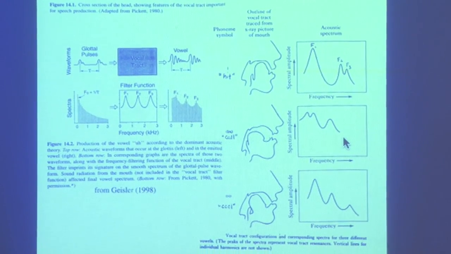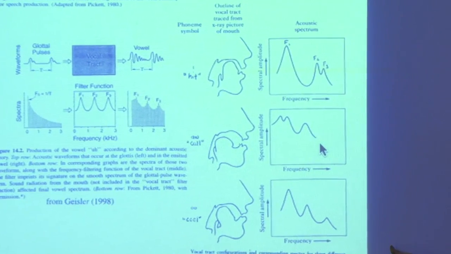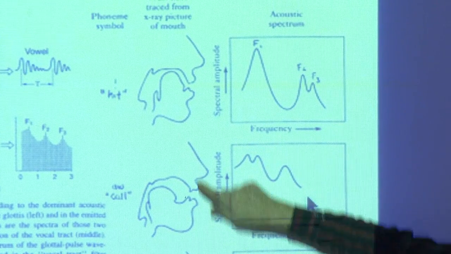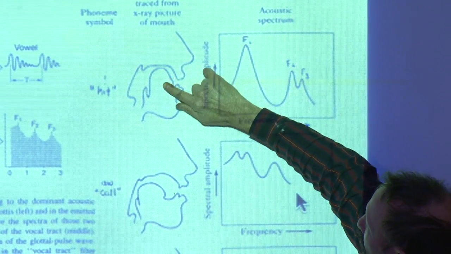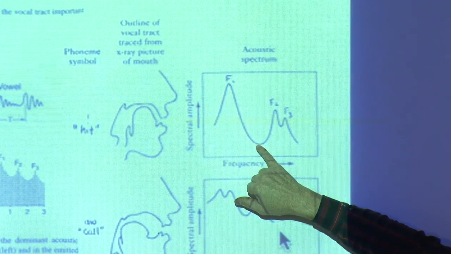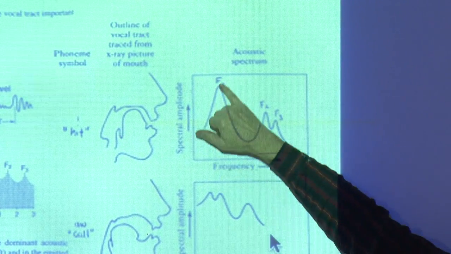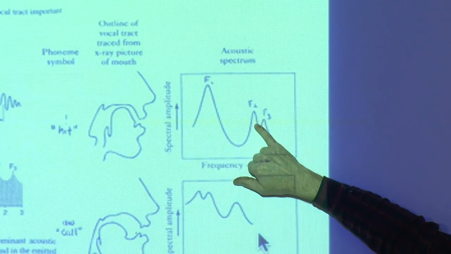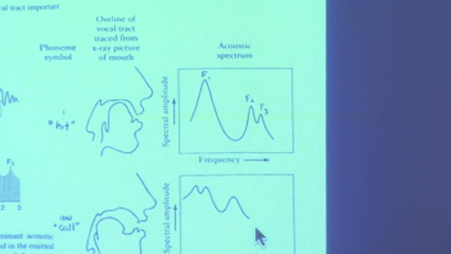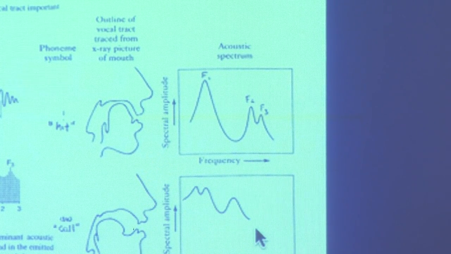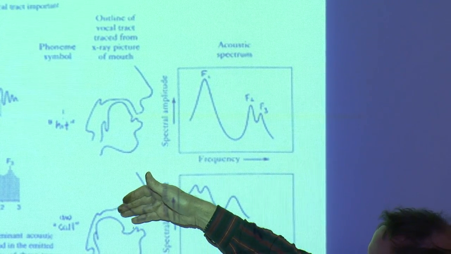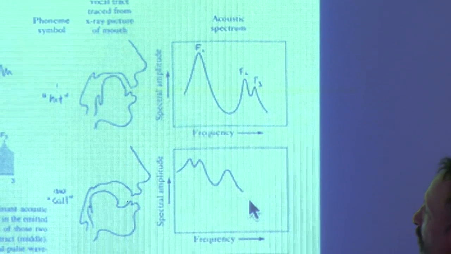Now, here are some examples of manipulation of your upper vocal tract. For instance, here the lower part of the mouth is moved way up high, and it produces an acoustic spectrum where you have a big F1, and F2 and F3 are small, and they're way up high in frequency. And contrast this with when the bottom of your mouth is lowered and moved backward.